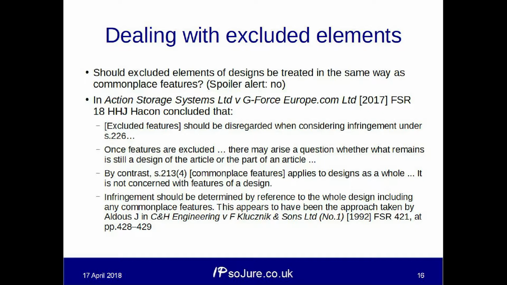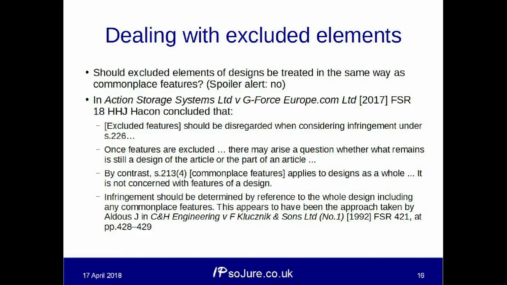Anyway, when you consider commonplace features, Section 213 subsection 4 applies to the design as a whole. It's not concerned with individual features of a design. So with the excluded features, you subtract them from the design before you work out what's protected.